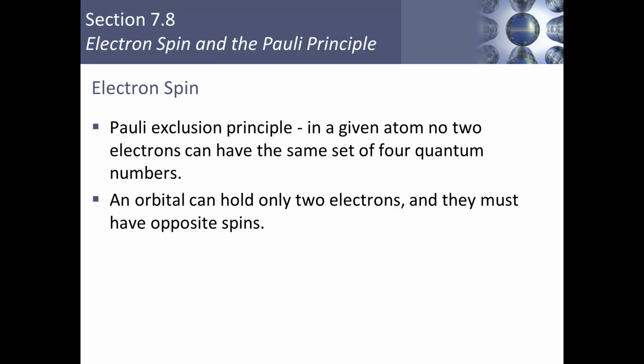Since electrons in the same orbital have the same n, l, and m sub l value, they have to have different m sub s values if they are in the same orbital. This is the Pauli exclusion principle. Since there are only two values for m sub s, an orbital can hold only two electrons, and those two electrons must have opposite spins.